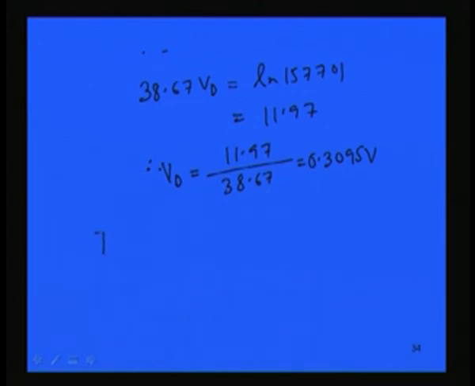In the third part, the temperature is raised by 30 degrees centigrade from room temperature. Now the reverse saturation current will rise, and you know that for each 10 degree centigrade rise, the reverse saturation current rises by 2 times.